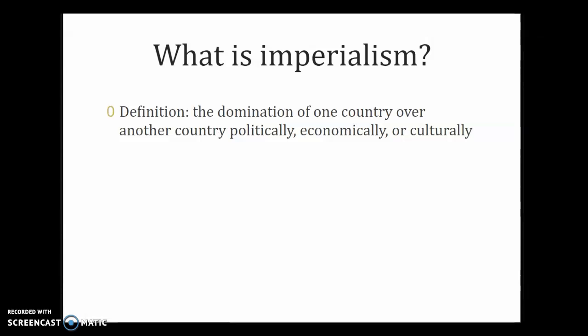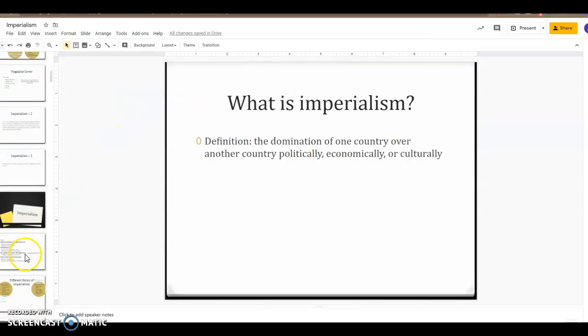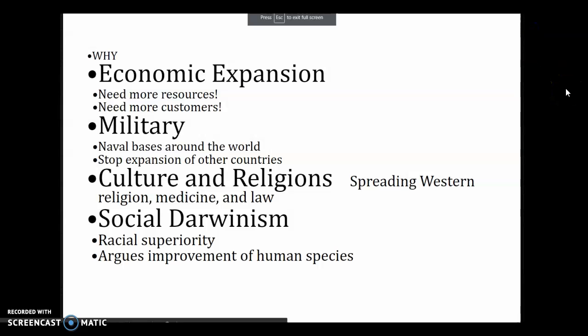So that means that the country that is taking over another country can either take it over directly or indirectly. And we're going to be talking about those two different types of imperialism, okay? So domination of one country over another country to create some type of empire or political, economical, and cultural control, okay? So there are different types of imperialism, and this is going in your squares.